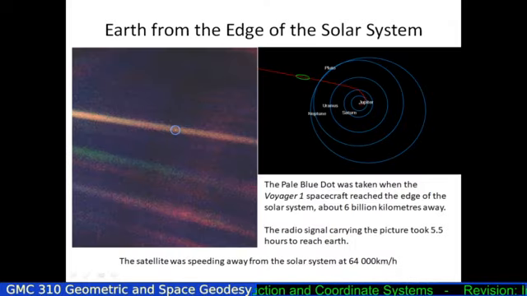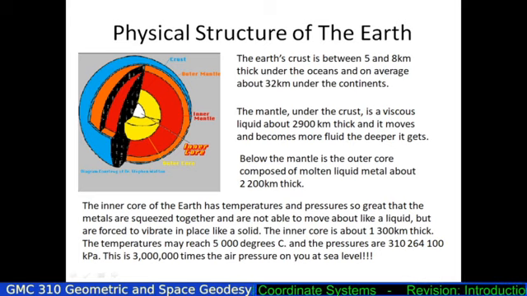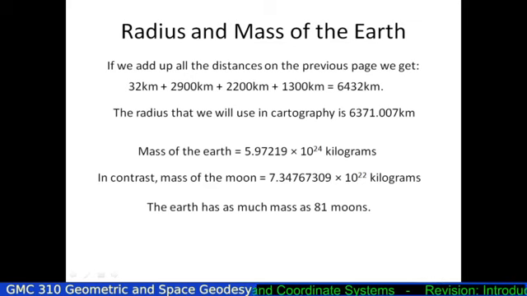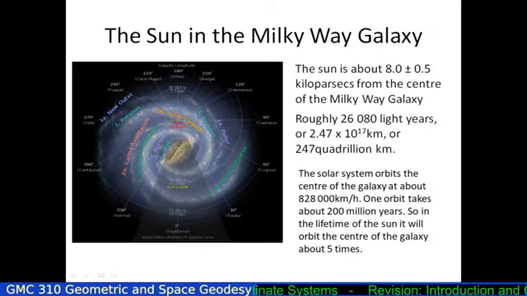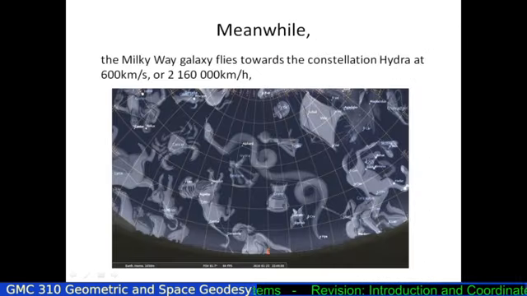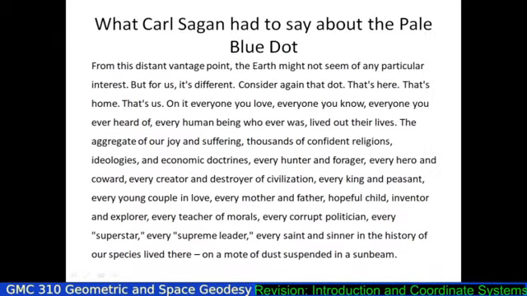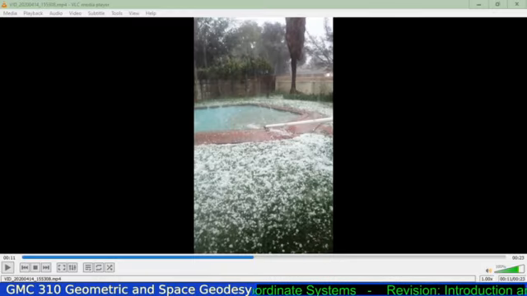The Earth from the edge of the solar system. It's just to give you an indication of this orbiting planet that we're working on, and also of everything that actually moves and what the size of things are, and a context of where we're sitting. As I said, not much to learn here, so it's not really something which you have to worry about.